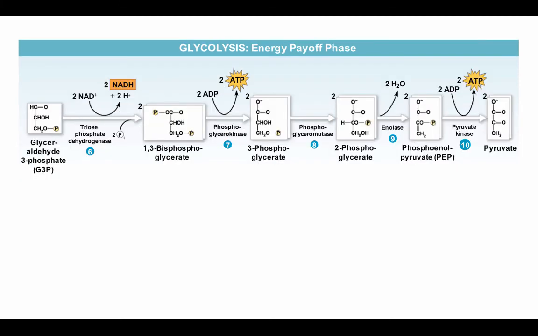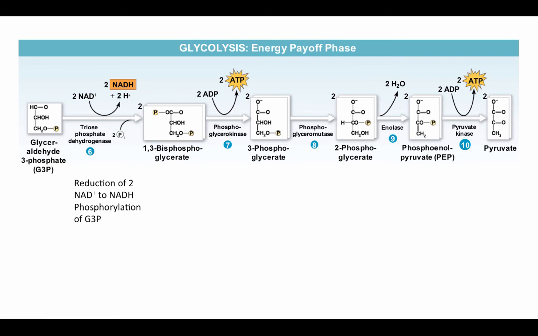So here's the energy payoff phase. So we're starting now. We're only showing one of these 2 3-carbon chains, but remember that we have 2 of these since we converted the other isomer into another molecule of G3P. So all of this is multiplied by 2 from here on out. Okay, so again, just noticing what's changing in each of these reactions.